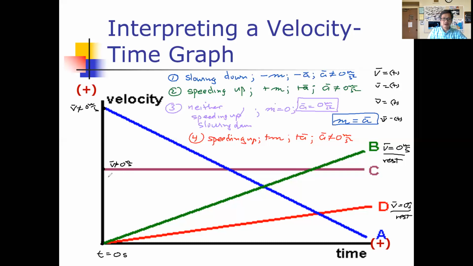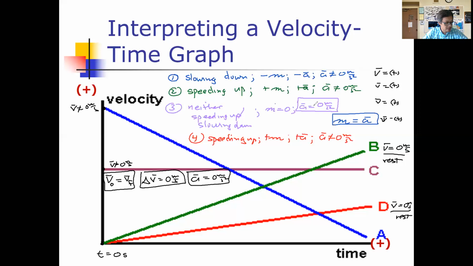The initial velocity is going to be equal to the final velocity, and if that's the case, then the change in velocity has to be 0. And if the change in velocity is 0, then the acceleration has to be 0 meters per second squared. And that's how we came up with this value here. And also the slope is going to be 0. That's question number 3.